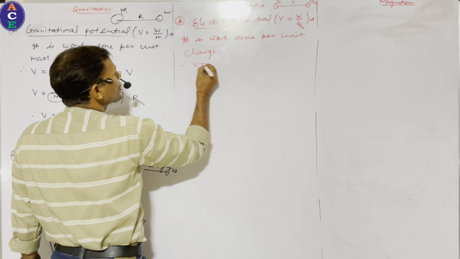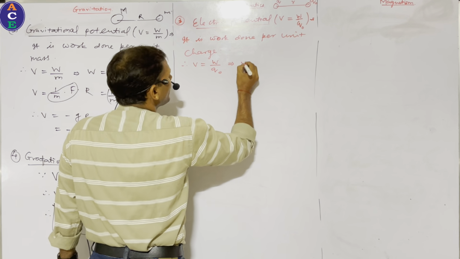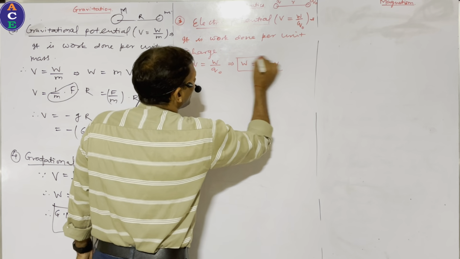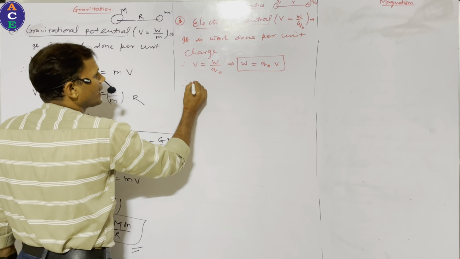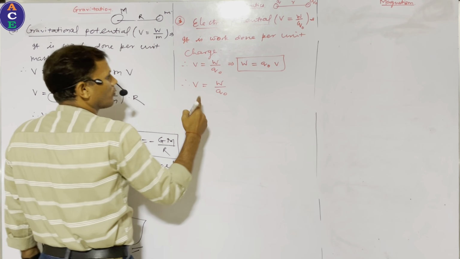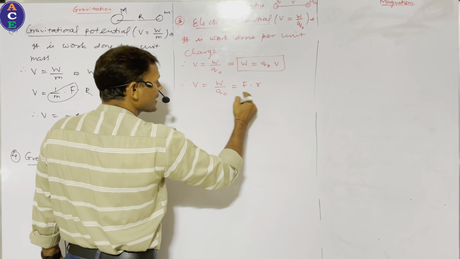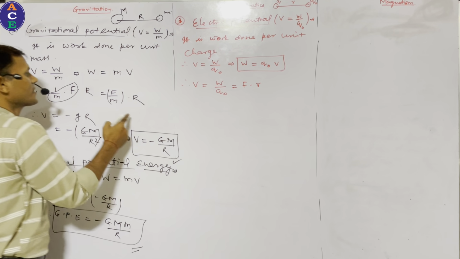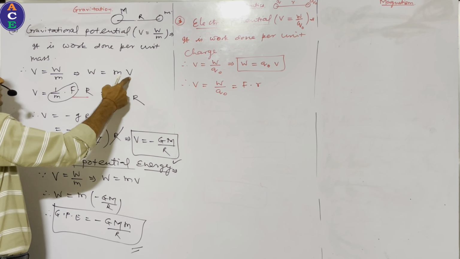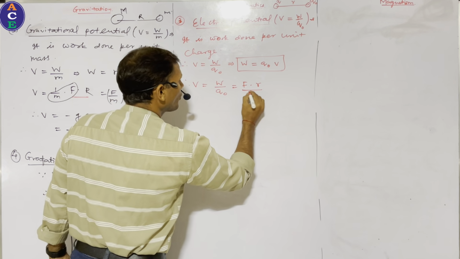So V is equal to W by Q naught, and from here if we wish to write W, it will be Q naught into V. So further we can write V is equal to W by Q naught, and what is W again? Work done is force into displacement. I will take the displacement as R, जो हमने यहाँ पे लिया था, ये भी work done था, तो work done को हमने force into displacement लिया था, upon Q naught is there.